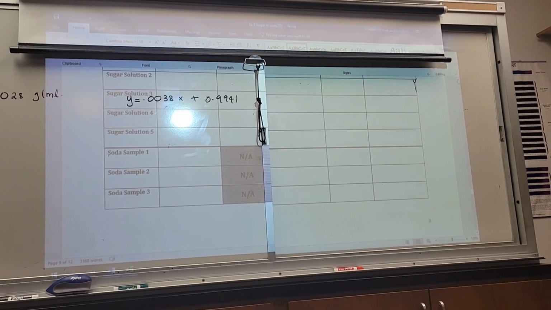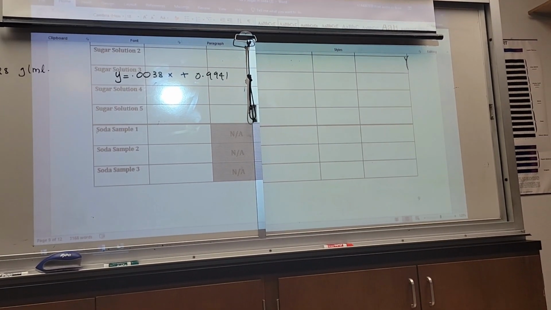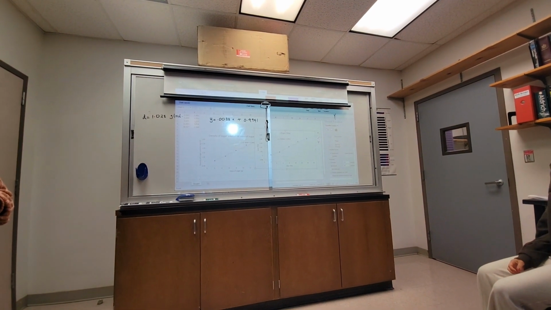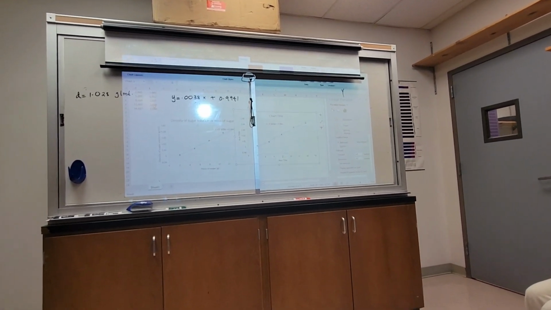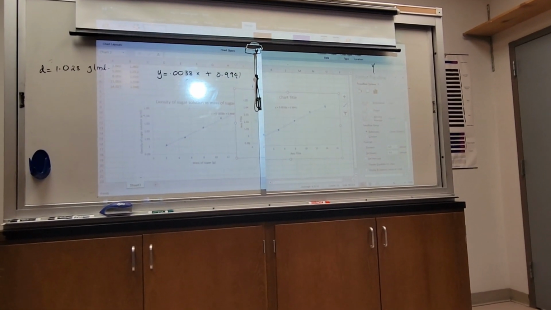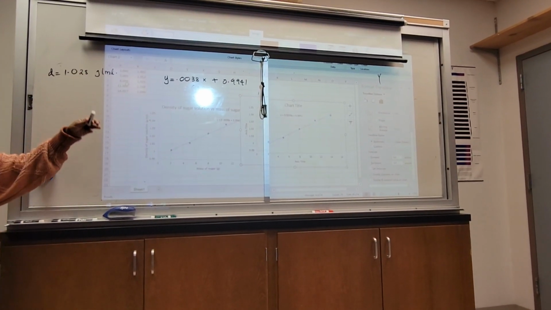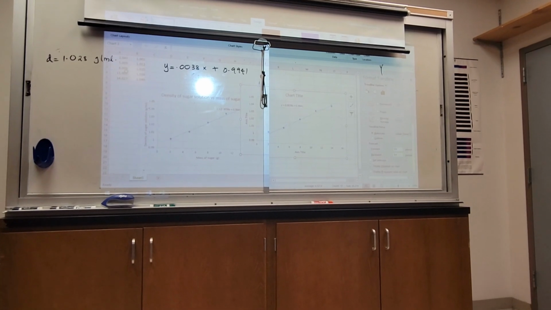I picked this number so that it will fit in our calibration curve. You see here 1.025, 1.038. So the number I picked is 1.028. Let's say that's going to be the density of one of the soda samples.